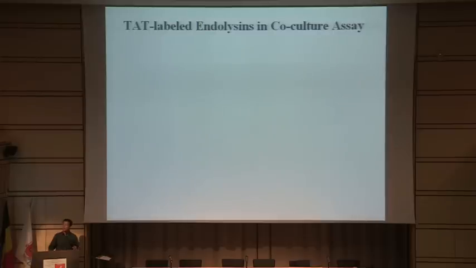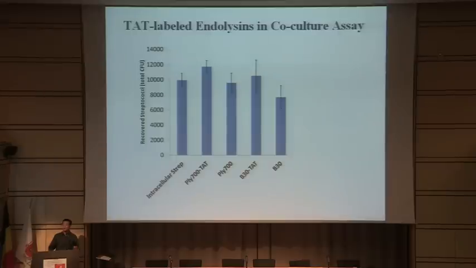This should give you a quick result of what the co-culture assay shows us. We engineered these endolysins with the tag label, and then tested them in the co-culture assay. In the entire co-culture assay, around 10,000 bacterial cells actually go intracellular. As you see here, frankly, none of the tag-labeled endolysins seem to help clear the intracellular pathogen.